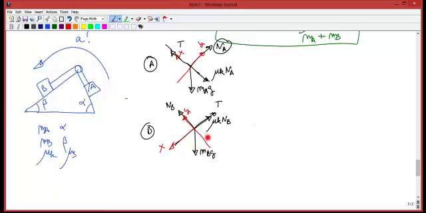Which one is it going to be? Is alpha between your weight and negative y, or your weight and negative x in the A free body diagram? Take a couple of seconds to go through the two-step method we just saw, and confirm that alpha is here, between negative y.